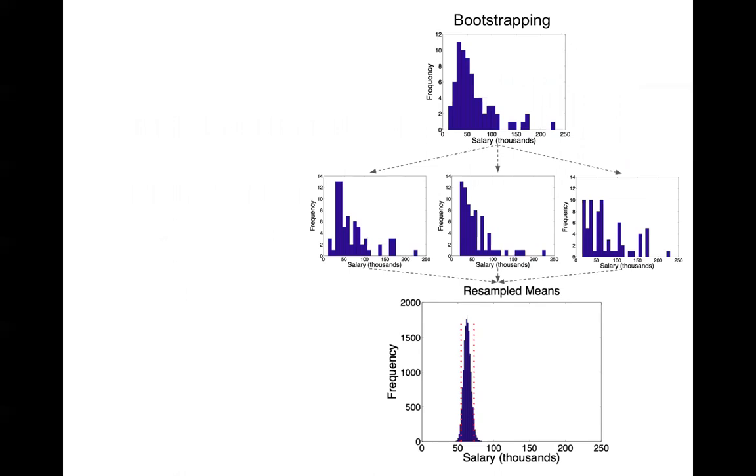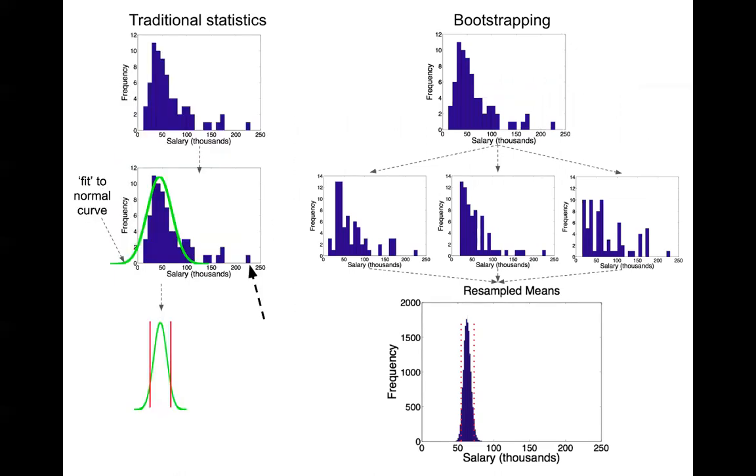You're like, okay, this is certainly my best guess for the mean salary, but it could be between here and here if I want to be 95% sure. So you have all your values. Just so you know, this is how that might work in traditional statistics. You have your data, you fit a normal curve to it, in this case, and then you have a distribution about it: mean plus or minus standard deviations.